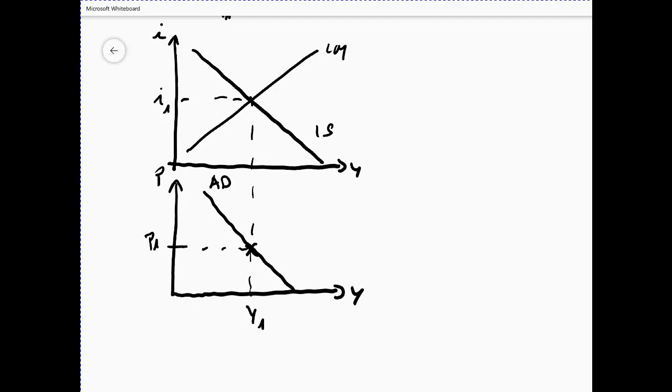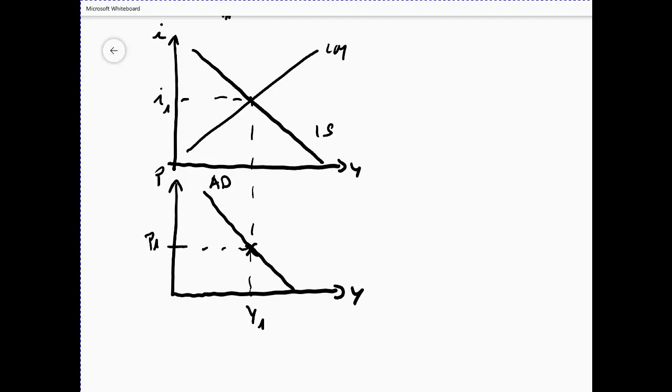So how can we now analyze the effect of some complex change here? What is going to be the effect of an increase in government spendings? Now we know that in the loanable funds market, that would result in a reduction of the savings.